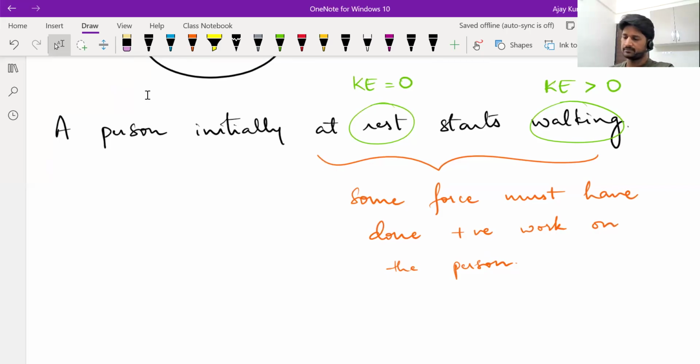The friction. Okay, Aishwarya is saying friction. We'll discuss. Aishwarya, how do you justify that friction is doing positive work on a walking person?